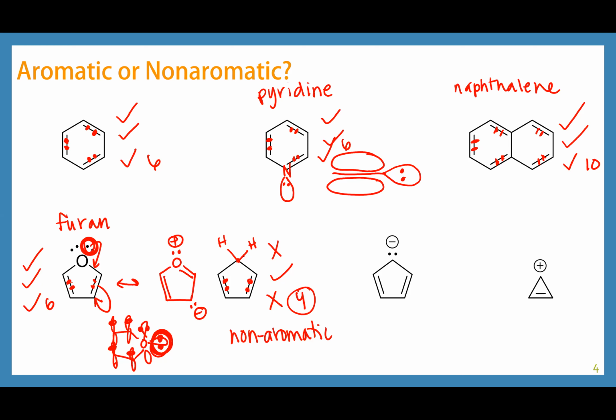Okay, so the next one, we have a cyclopentadienyl carbanion. The first question is, does it have an unhybridized p orbital on every atom in the cyclic arrangement? Yes.